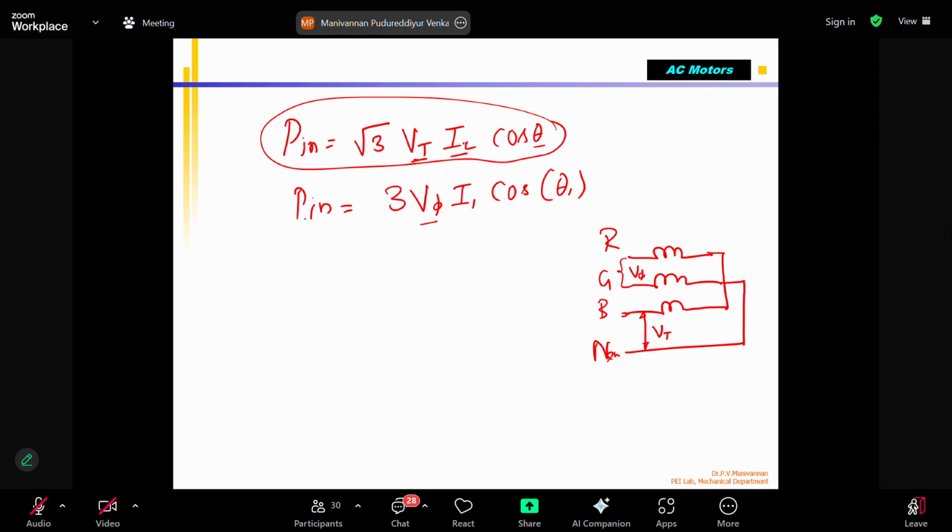Otherwise, if the problem gives the line quantities, you can use this formula to calculate the input power. Okay. Then we will take this formula for further continuing.